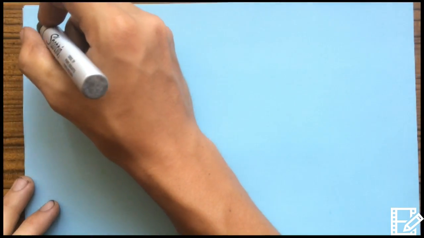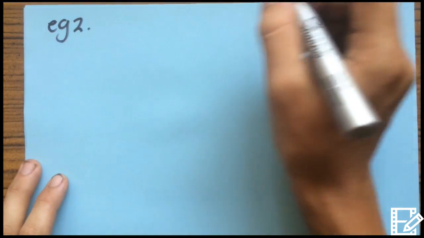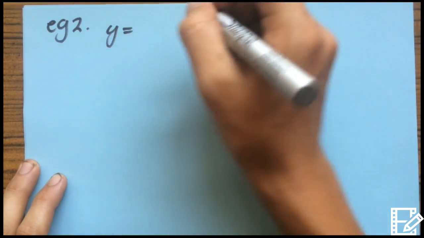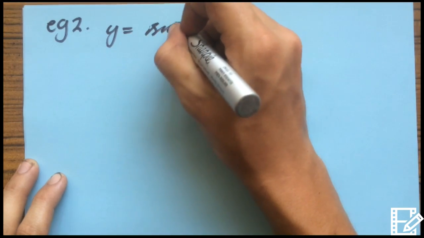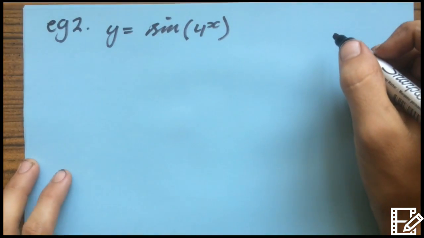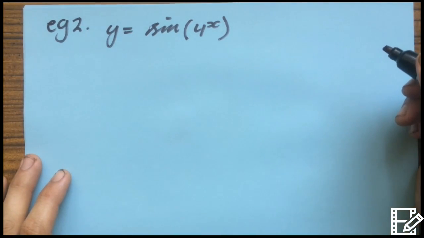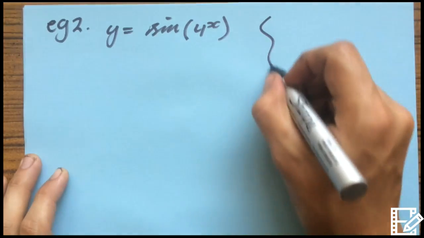Another example. These will progressively get harder. y equals sine 4x. Just adding a trigonometric function to it.